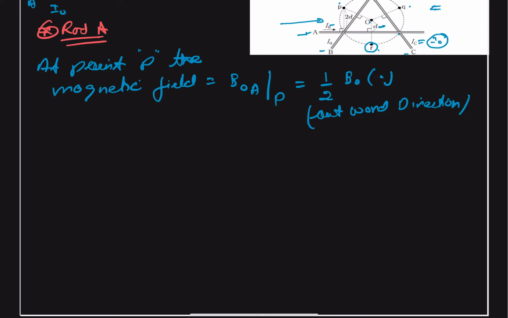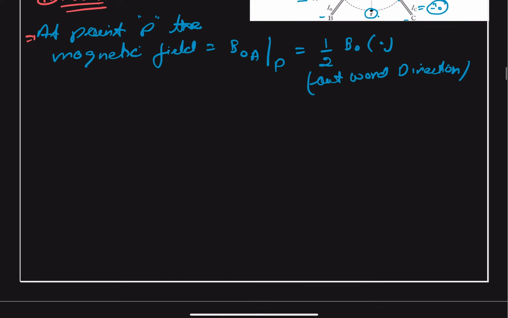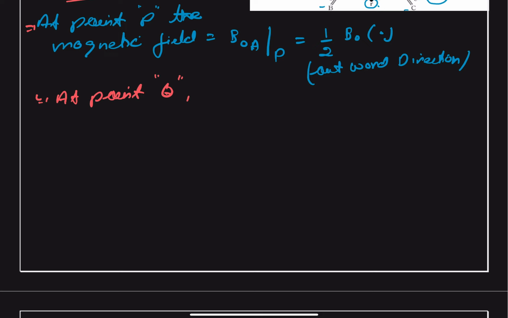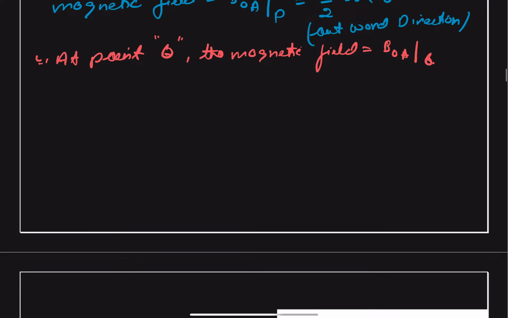So at point P, it's an outward direction, and let us make similar analysis for point Q. So we say at point Q, the magnetic field, let us suppose that is given as B naught A at point Q, and this will also be equal to half B naught, and its direction will also be out of the paper.